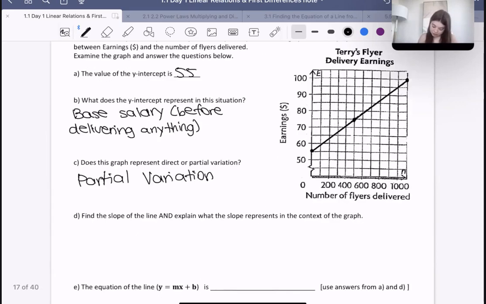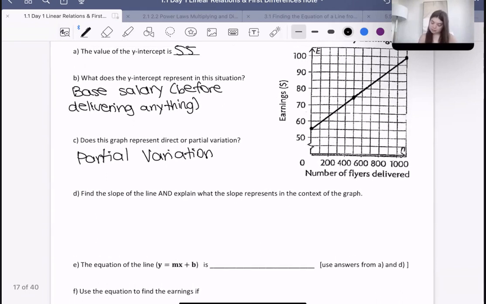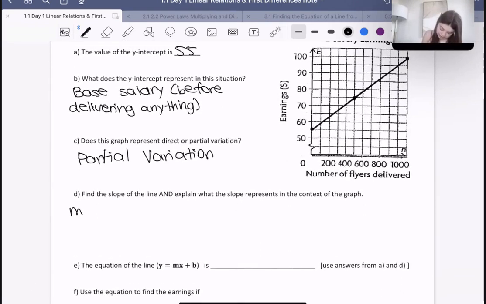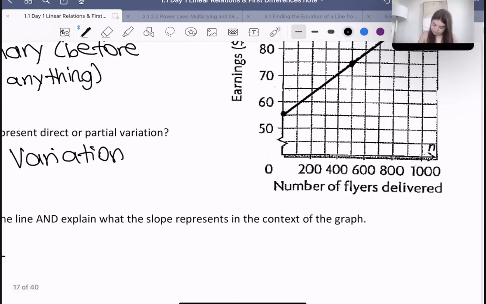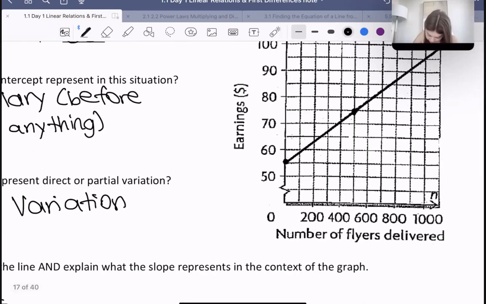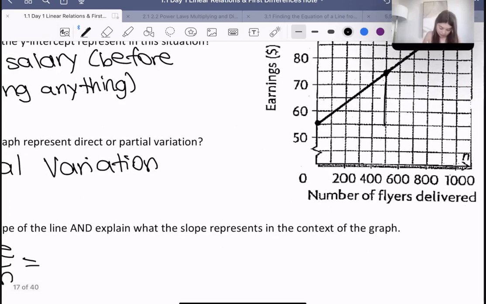Find the slope of the line and explain what the slope represents in the context. So m equals rise over run, as we know. Okay, so here we have 75 down to 55, so that's 20, right? That's our rise. Over run would be 500.